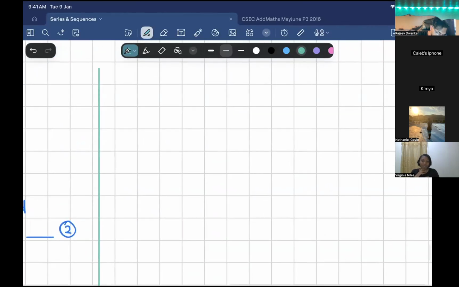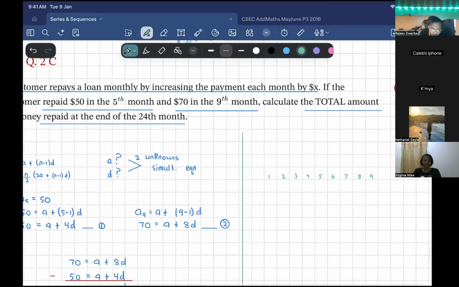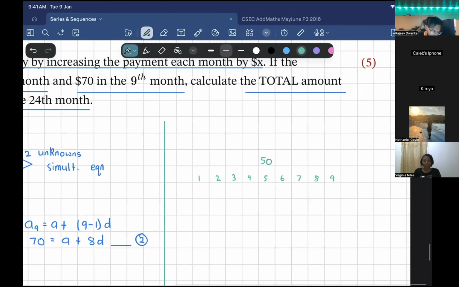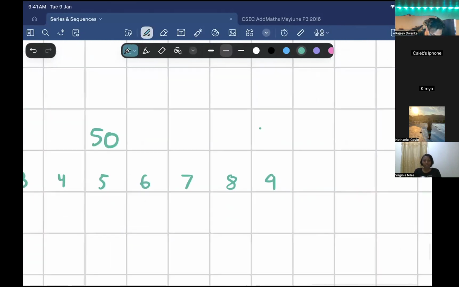So I go and write 1, 2, 3, 4, 5, 6, 7, 8, 9. Everybody okay with that? I put 9 numbers, right? By the fifth, I put 50, and by the 9th, I put 70.